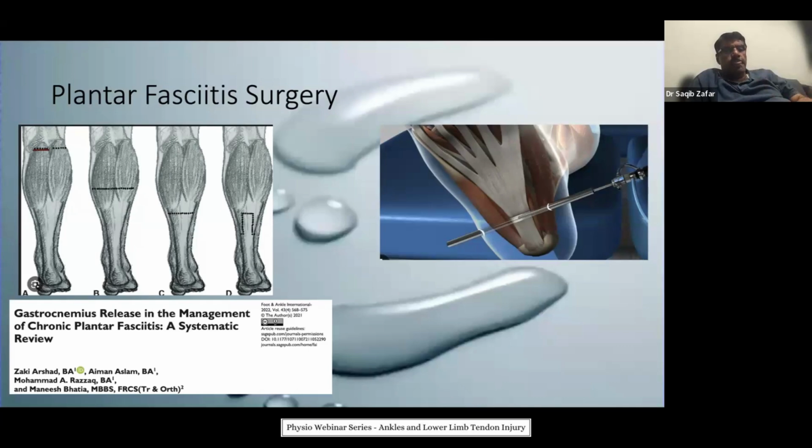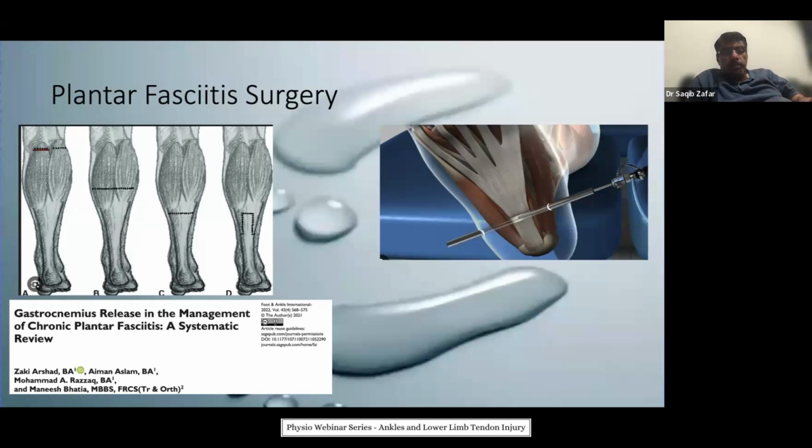It gives good results. But the recent trend has been, as I said, that we are thinking the plantar fascia could be the effect rather than the cause. And the cause could be the tight Achilles tendon. With gastrocnemius recession, in patients who have failed all those treatments, I have lengthened their Achilles tendon, and they have got a good result from it.